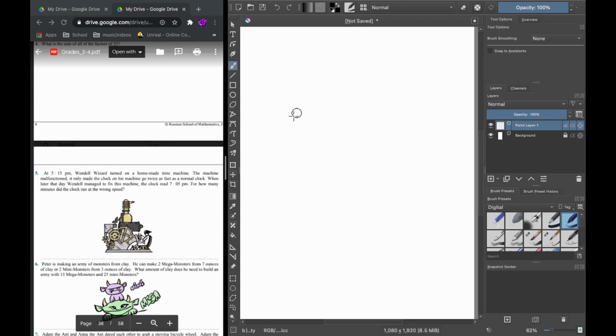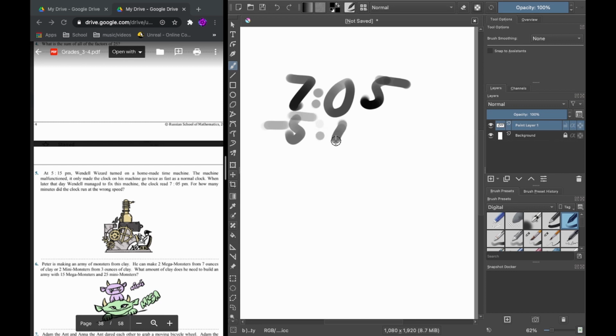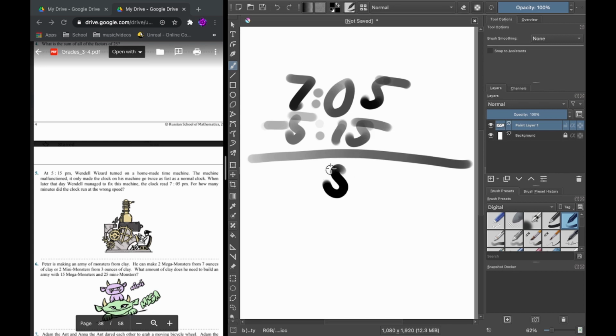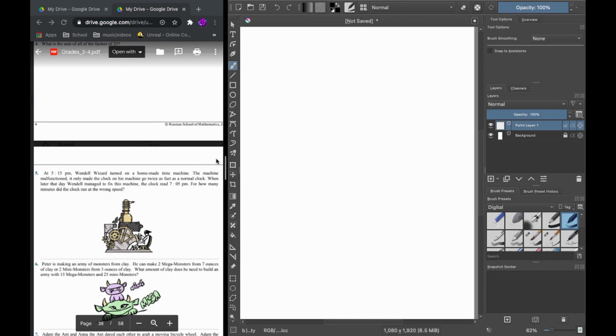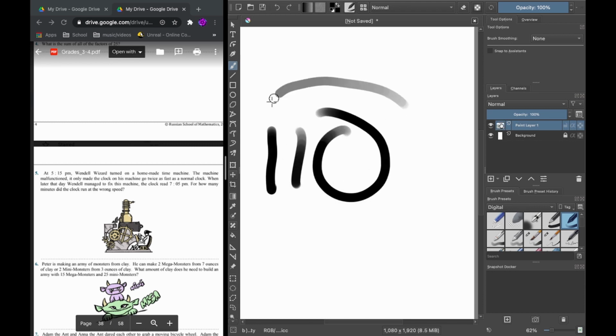So we have 7:05 minus 5:15. When we subtract these, we would get 1 hour and 50 minutes. That would not be our answer, because that is in hours and minutes. We have to convert it to minutes, and when we do that, we would get 110. And 110 would be right.